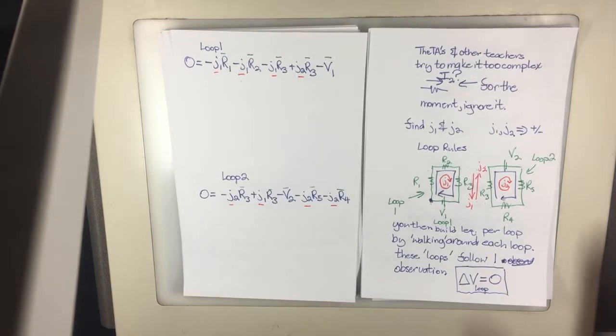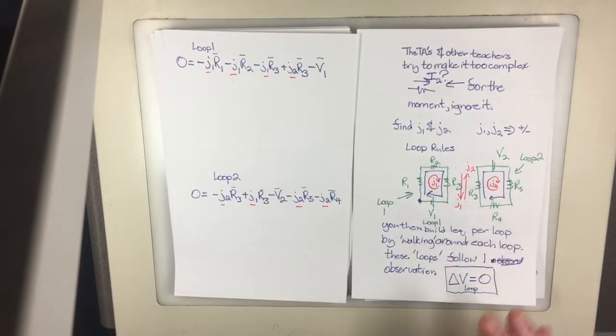Kirchhoff's law's problems at their core are 2 equations, 2 unknowns. And it always makes me happy to think about that tweet where one lady said every time Dr. Eschenberg says 2 equations, 2 unknowns, I die a little more inside. And it's not that bad. This is how you do this.